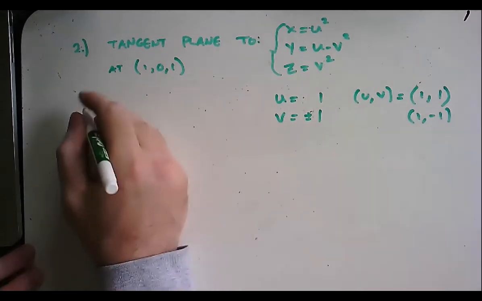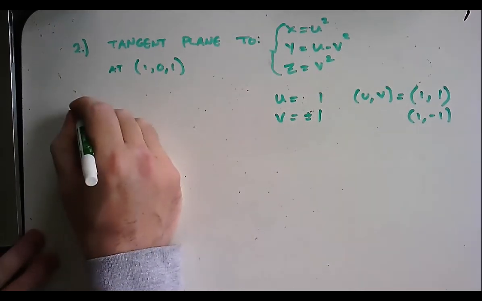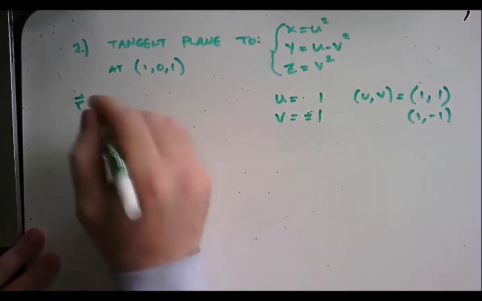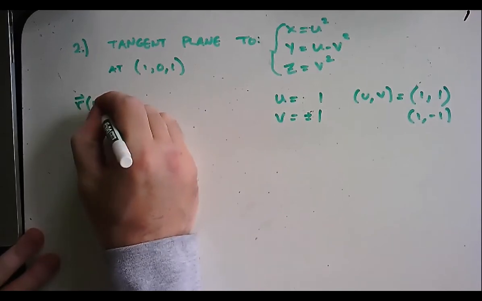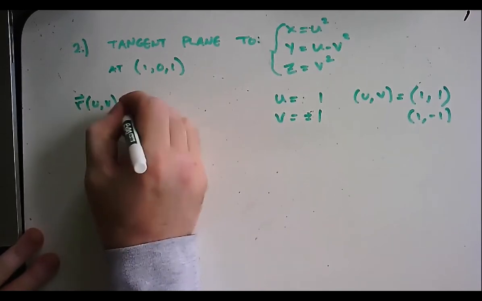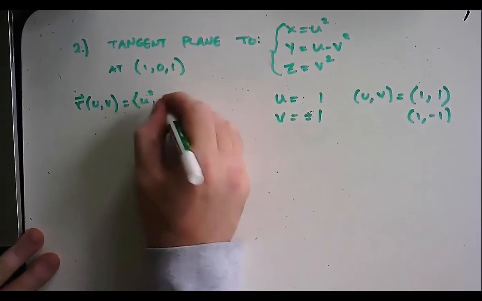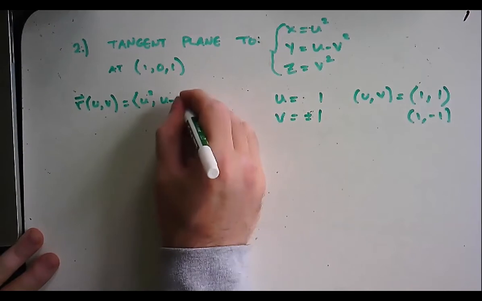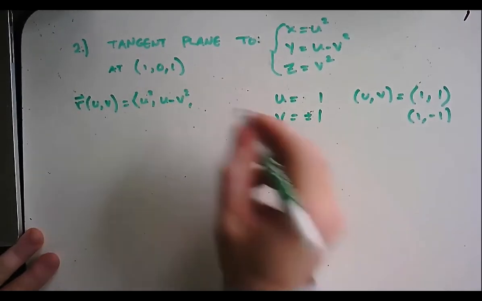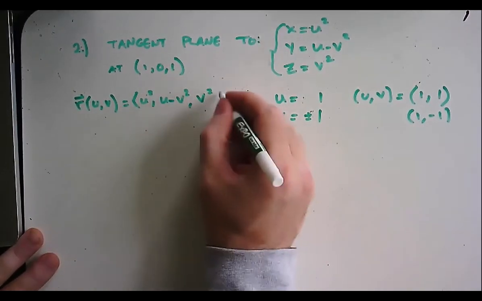So now I'm going to write that function r. The components have been provided to us, but we're going to use this function in a moment. So r of u, v gives us the vector u squared, u minus v squared, v squared.